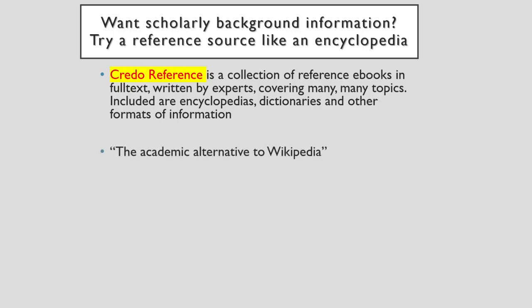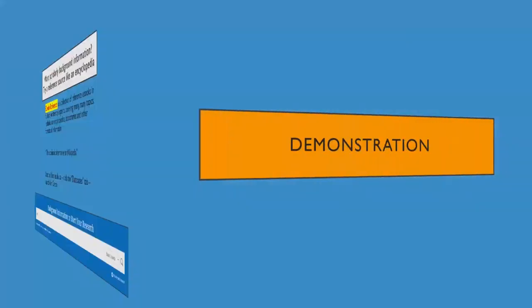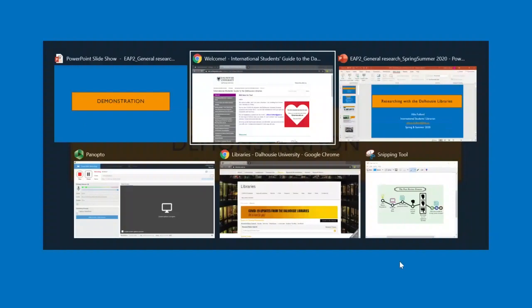Credo calls itself the academic alternative to Wikipedia, and you can search for Credo in a number of different places on the library's website. The first place you can search is off of the libraries.dal.ca webpage, the landing page. So I'm going to go and do a demo of how to access Credo and how to do a search.